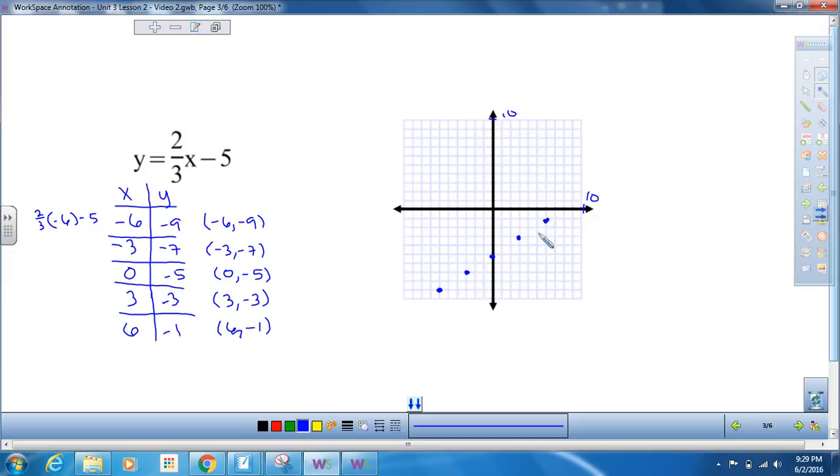Okay, after I graph my points, now I'm going to connect them with a line. And then I'm going to put arrows at the end of my line. Okay. So that is how we graph lines from a table.